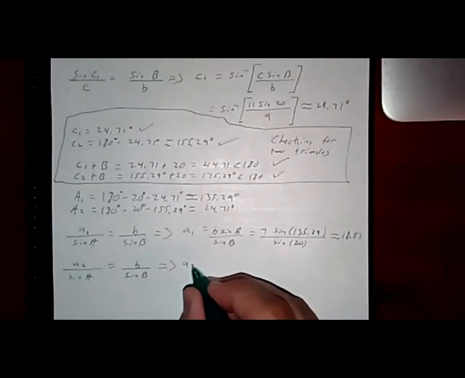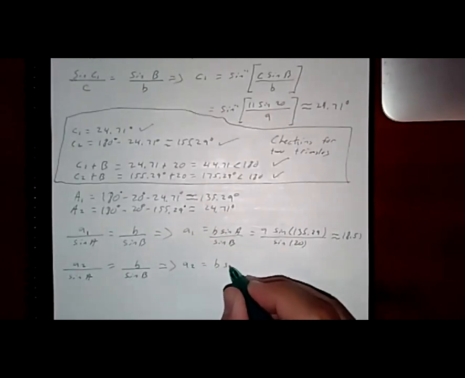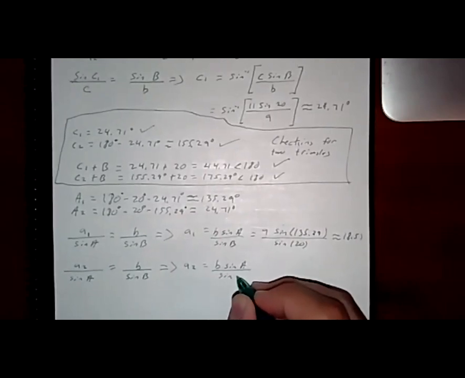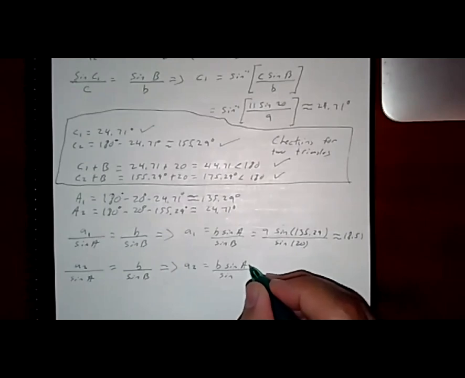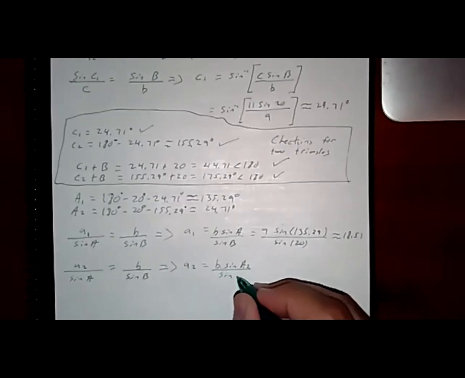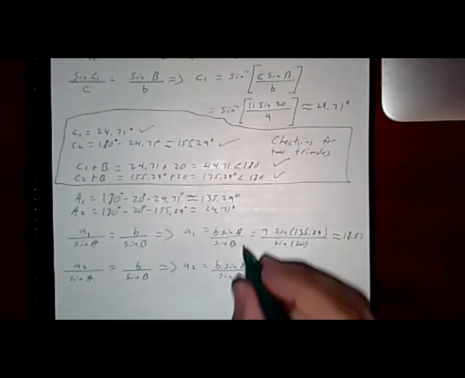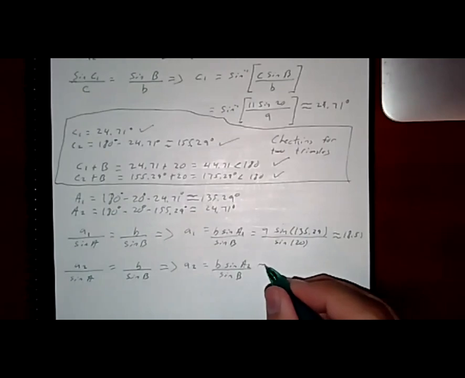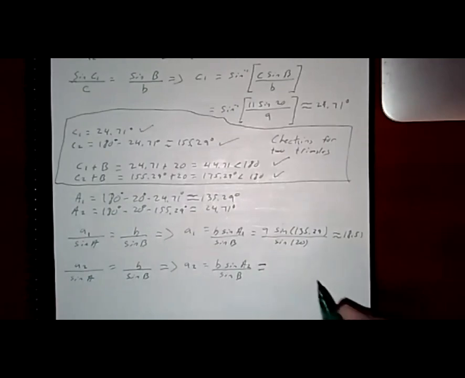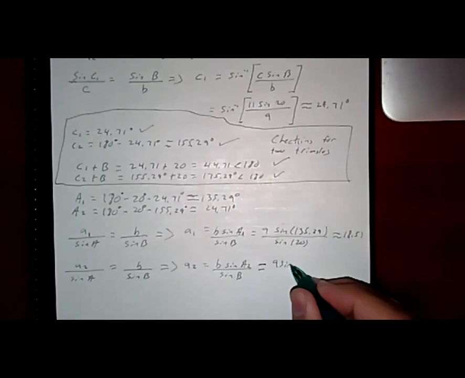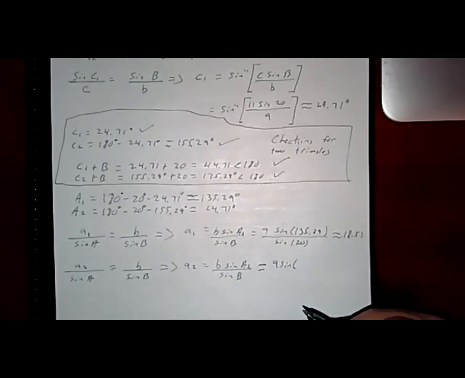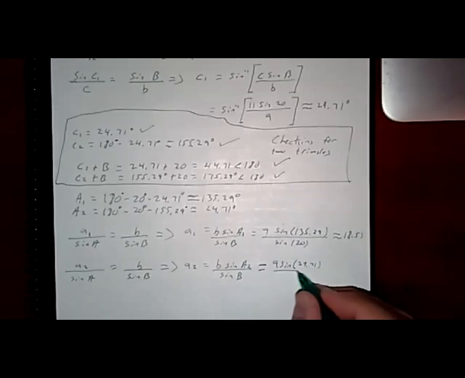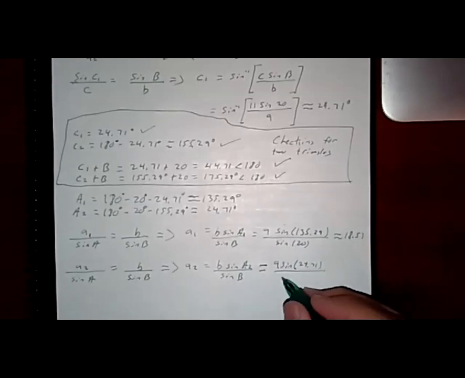Isolate a2. a2 will equal b sine A over sine B. Of course, these will be 2, and this is 1. So that is going to be 9 sine A2, which is 24.71, over sine 20.